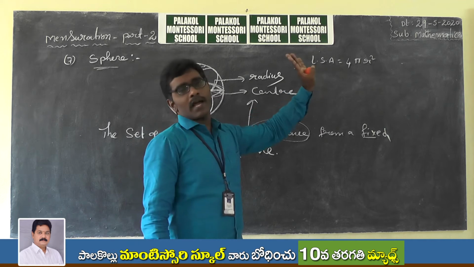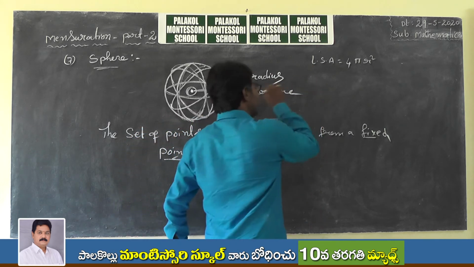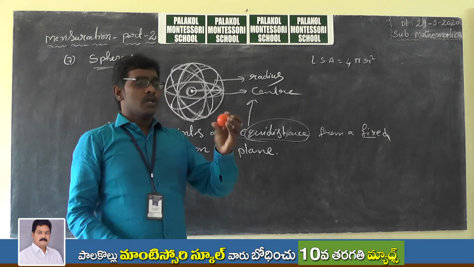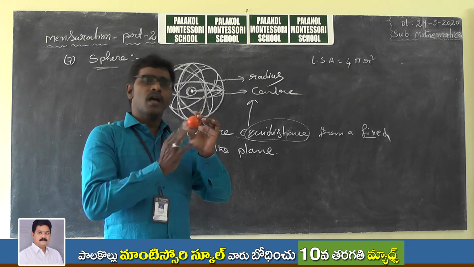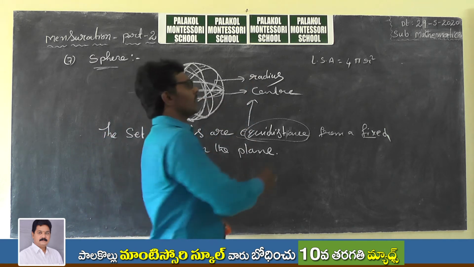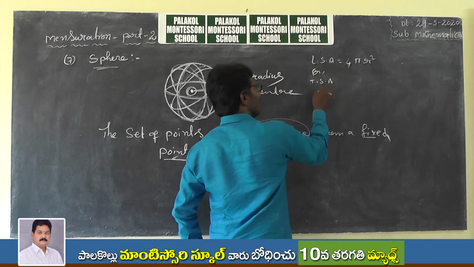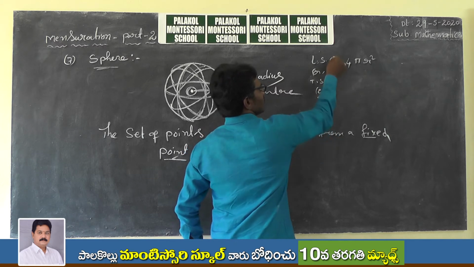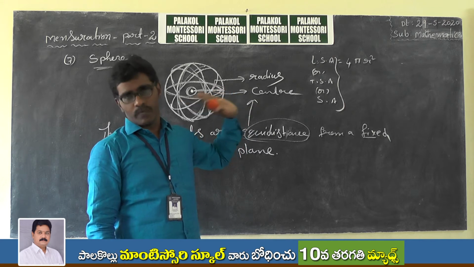That is 4 pi r square. In the sphere case, lateral surface area, total surface area and surface area all have the same formula, 4 pi r square.